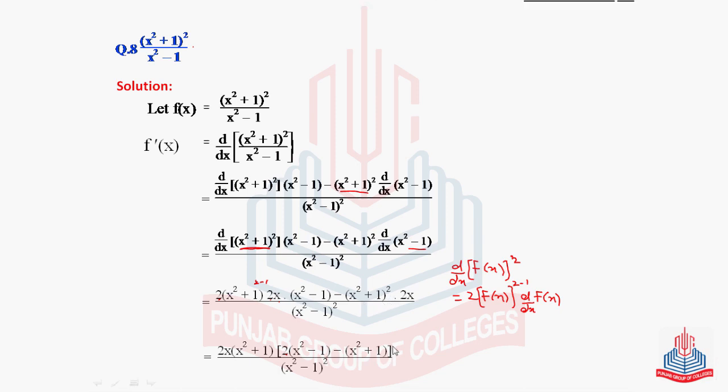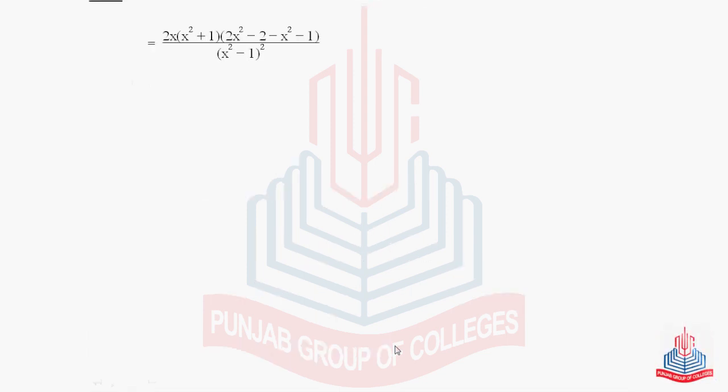So after simplification, the left side is f prime of x, equal to 2x into (x square plus 1) was the common factor, and the inner portion will be 2x square minus 2 minus x square minus 1. So again this thing will be as it is, and 2x square minus x square will be x square. Minus 2 minus 1 will be minus 3, and the denominator again will be as it is. So this one is actually our required derivative of the given question.